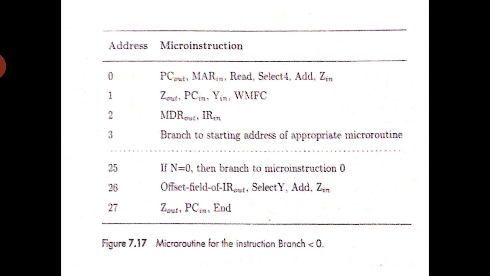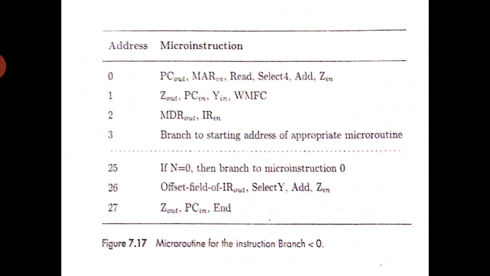So before going into microprogrammed control, first we have to learn some different terms. The first one is control word. Control word is a word whose individual bits represent the various control signals.